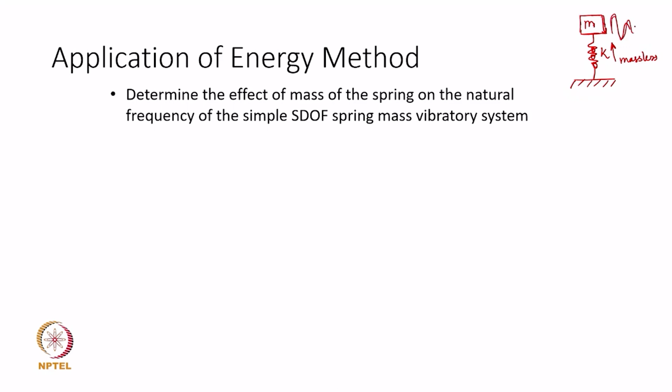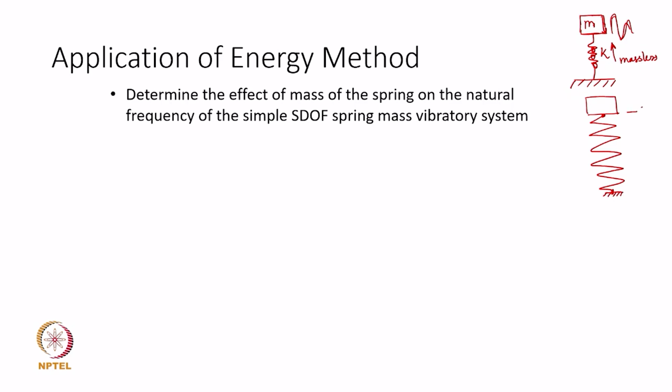So, it makes sense to consider the kinetic energy completely concentrated in the mass, and the springs are typically massless. But if the springs are not to be considered massless, how do I include the effect of the mass of the spring?